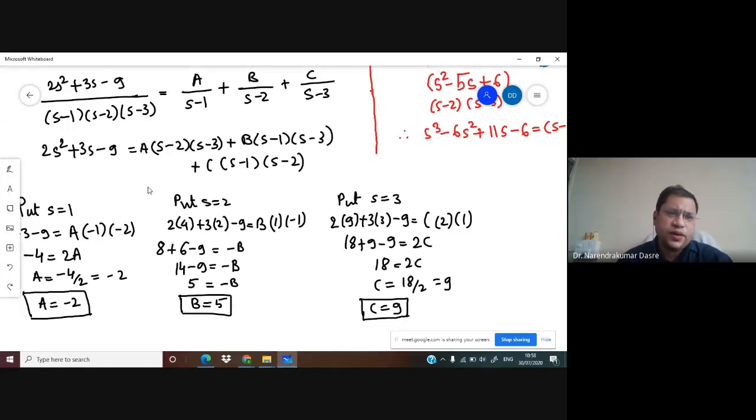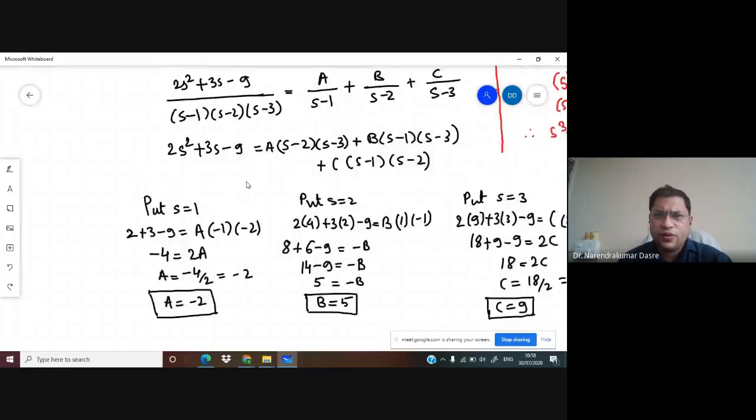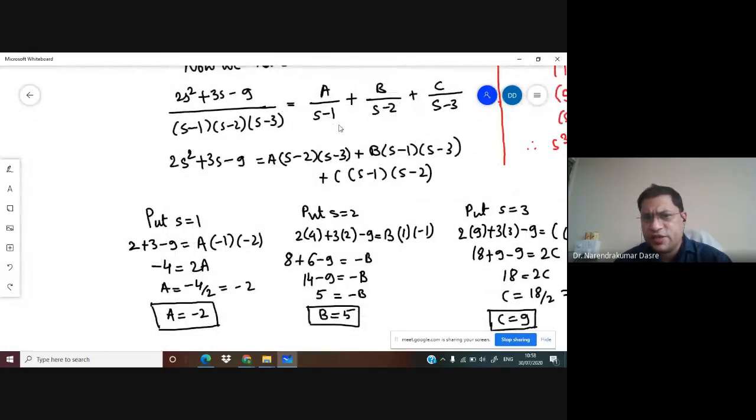Okay, this way we are able to get all the values of A, B, and C in this expression.